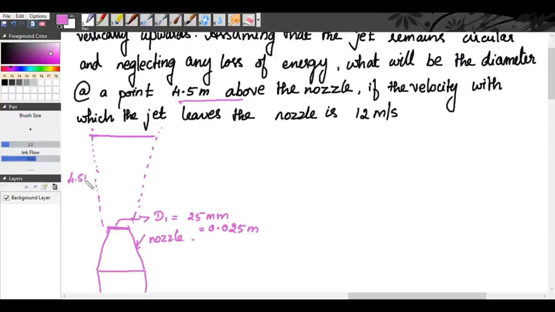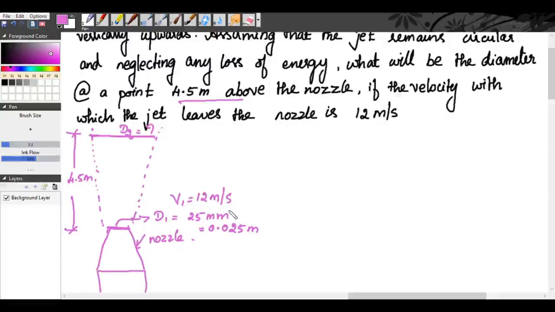You are asked to find what is D2, if the velocity with which the jet leaves the nozzle is 12 meter per second. That is, our V1 is equal to 12 meter per second.